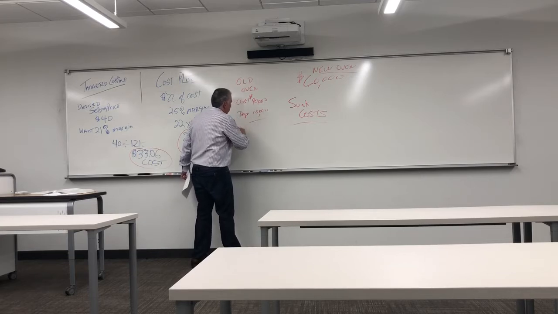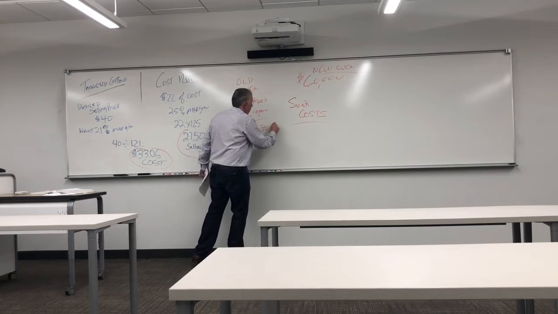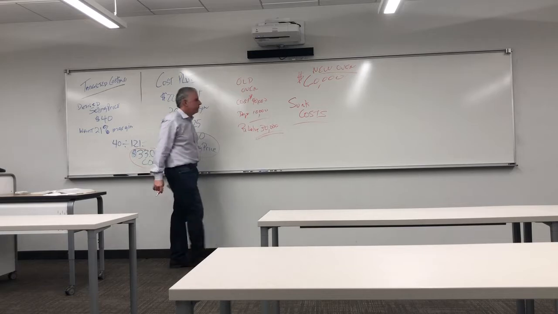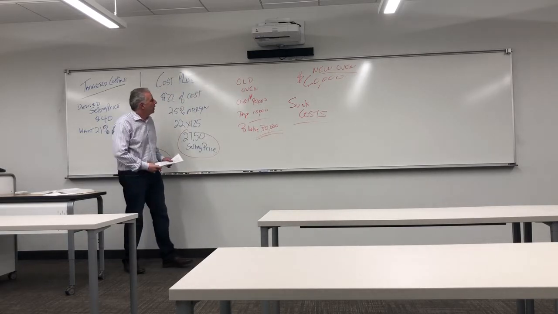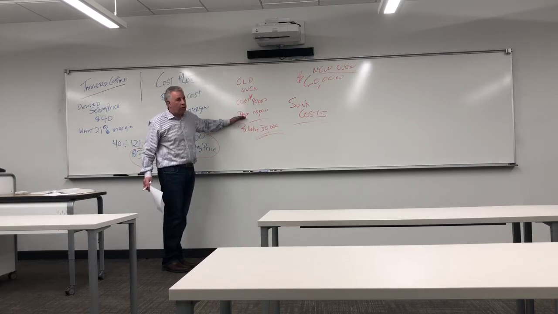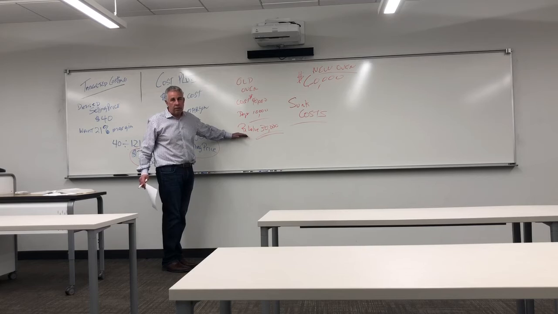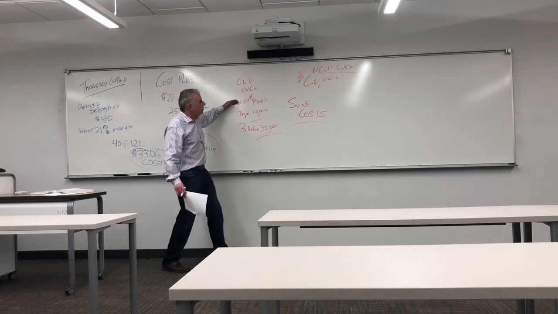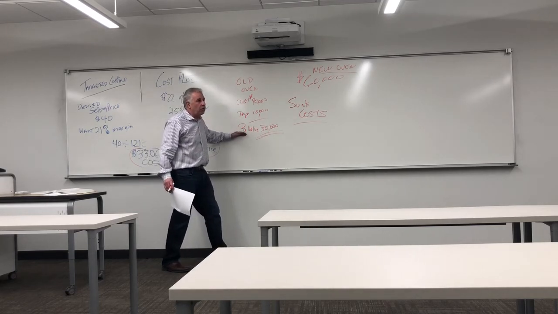The book value is then $30,000. All right. It doesn't matter what we bought it for. It doesn't matter how much the depreciation is. It doesn't matter what the book value is. This is a sunk cost. This is a sunk cost.